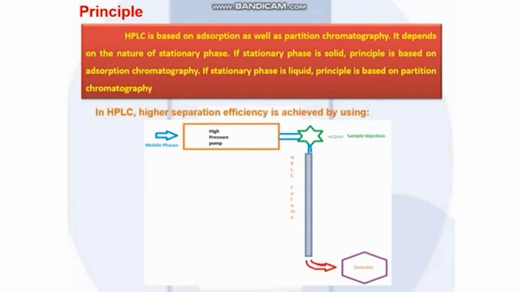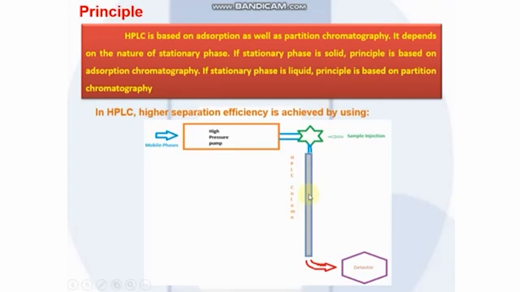In HPLC, higher separation efficiency is achieved by using specially designed columns and high operational pressures of the mobile phase. In HPLC, the chromatographic column, which is made up of stainless steel, is tightly packed with very small particles as stationary phase.